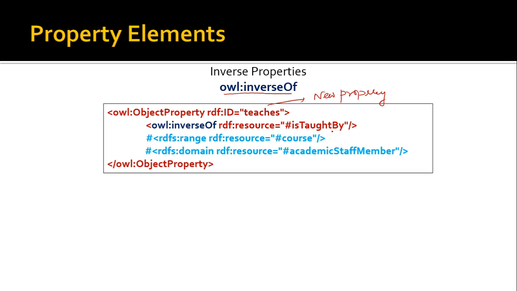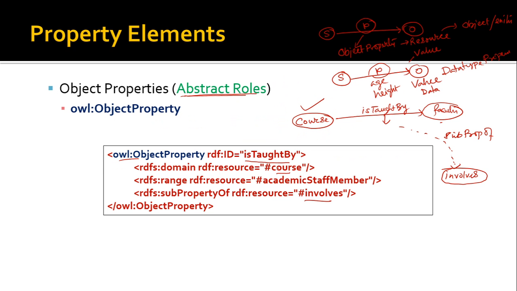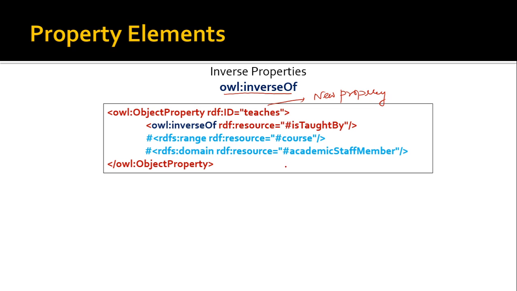Now assuming that we have already defined the domain and range of is taught by, which we actually did in the earlier slide, the domain of is taught by is course and the range of is taught by is academic staff member. So we don't need to specify the domain and range of this teaches property, because we know that the domain and the range will be flipped, right?